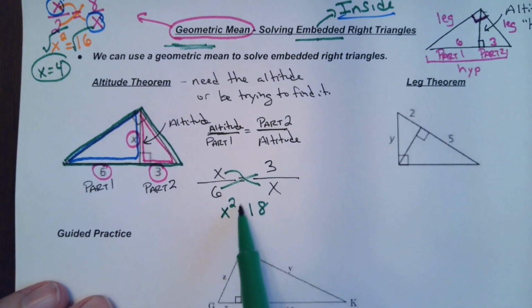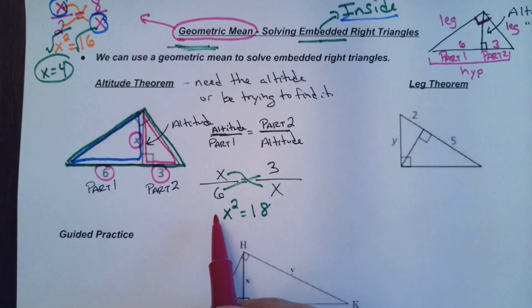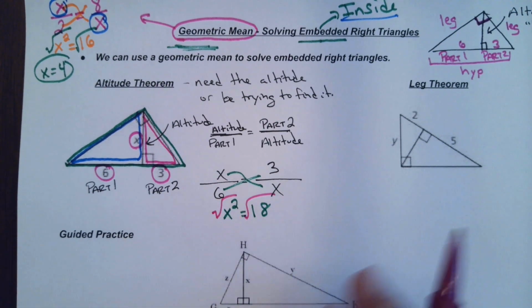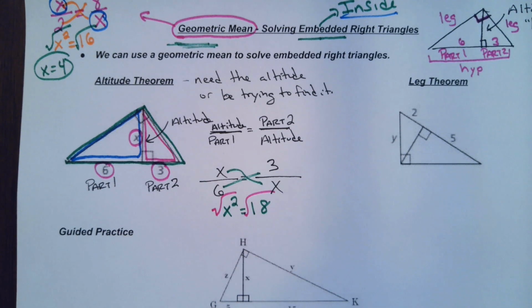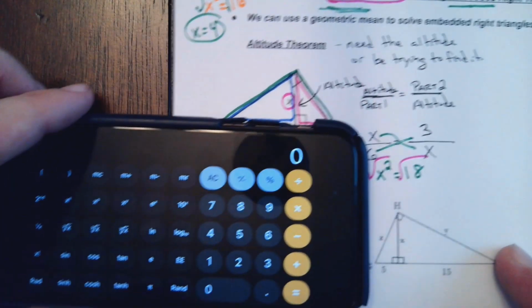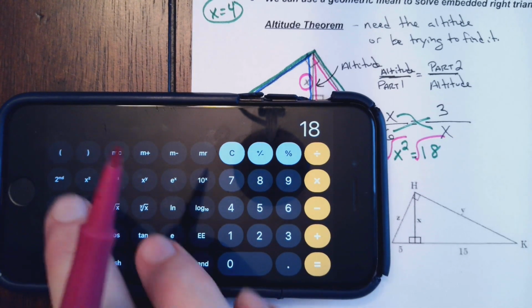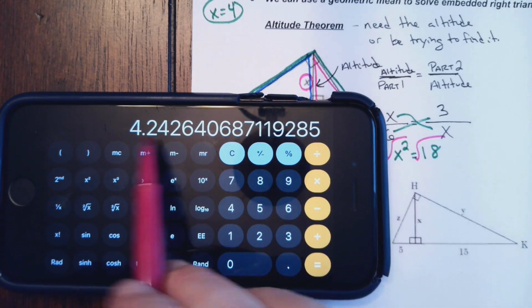Now when you get to this, you notice you have X squared, so what we need to do is take a square root. All right, so now time to get the phone back out. Calculator for you, hopefully. We need to take the square root of 18. So I type in 18, and I do the square root, and I get 4.24.